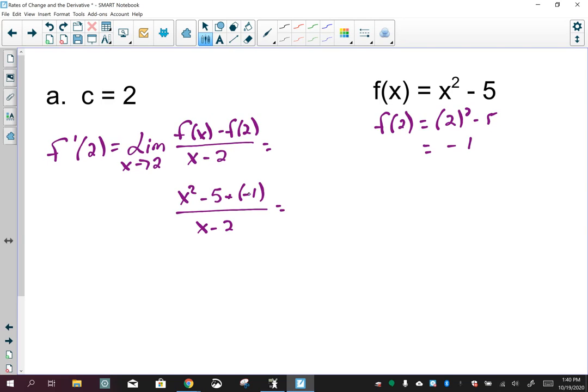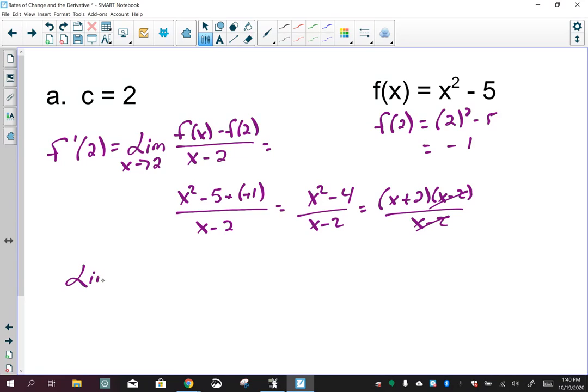Minus a minus is a plus, so I have x squared minus 4 all over x minus 2. That gives me x plus 2 times x minus 2 all over x minus 2. Those cancel. So my limit as x approaches 2 of x plus 2 is 4.